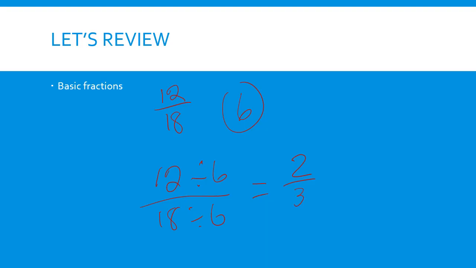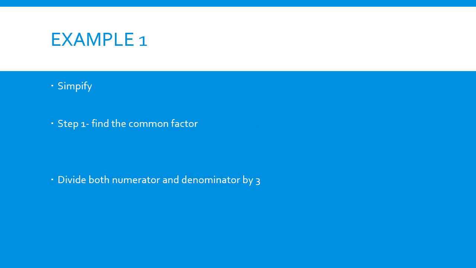Right. So let's try an algebraic expression. We are to simplify 6x over 9. What is the common factor here? What can go into 6 and also go into 9? We would say 3. So our common factor is 3. Our second step is to divide both numerator and the denominator by 3.